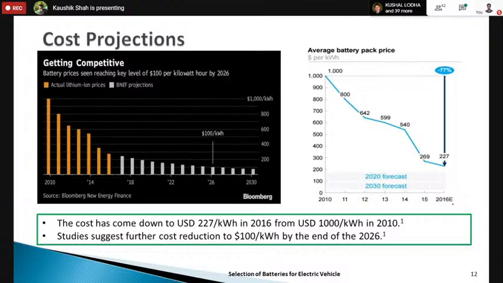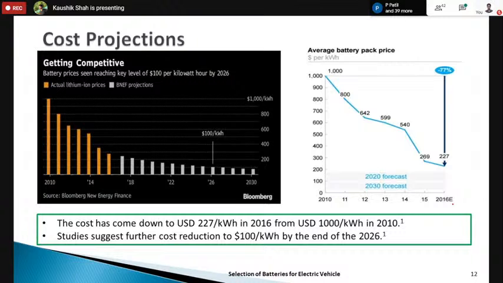People will prefer to go for electric vehicles, and because of these cost projections, in 2030 it is going to be pretty low. And I think about Tesla's comeback in India, talking about their vision of putting this cost to a level where it is quite affordable, and it will be used in most of the electric vehicles, right?